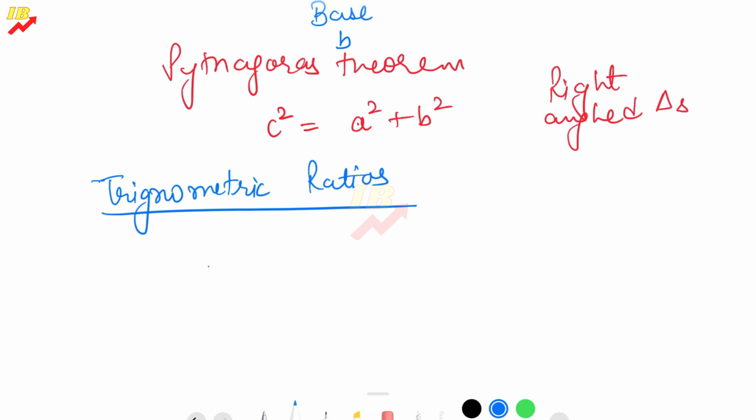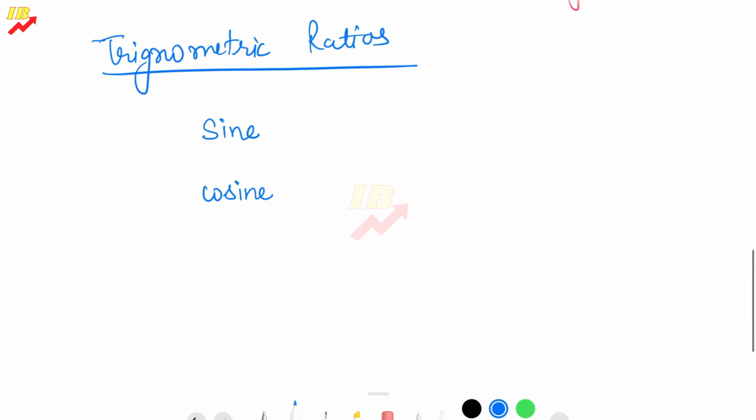We have three ratios here. One is called sine, next is called cosine, and next is called tangent. We can write them as sin, cos, and tan. What is the exact meaning of this?